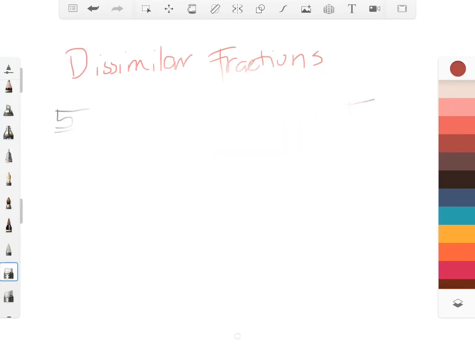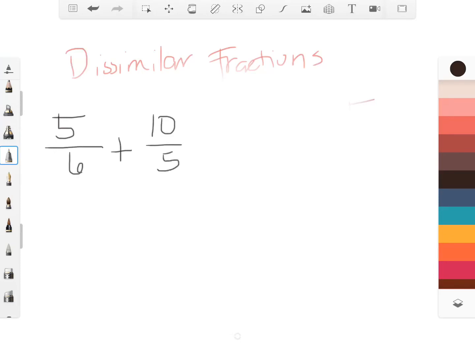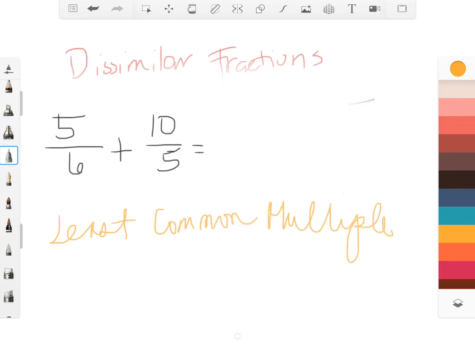The right process is by doing this first step first. Let's say again 5 over 6 plus 10 over 5. The first thing you need to do is find its least common multiple, or LCM for short.